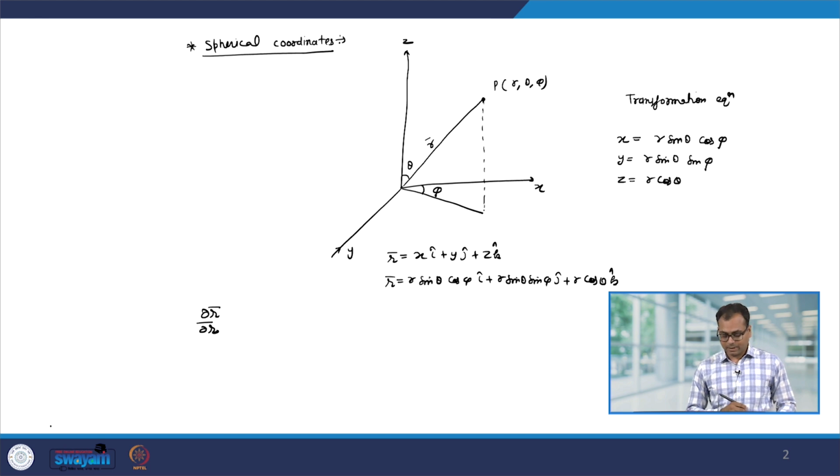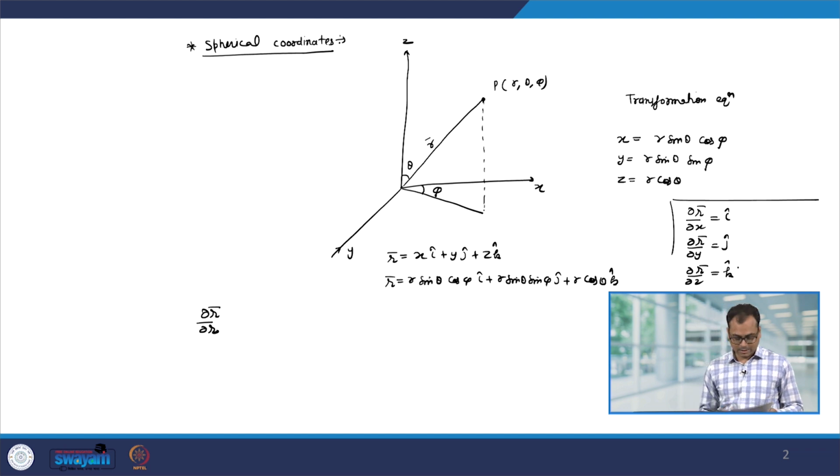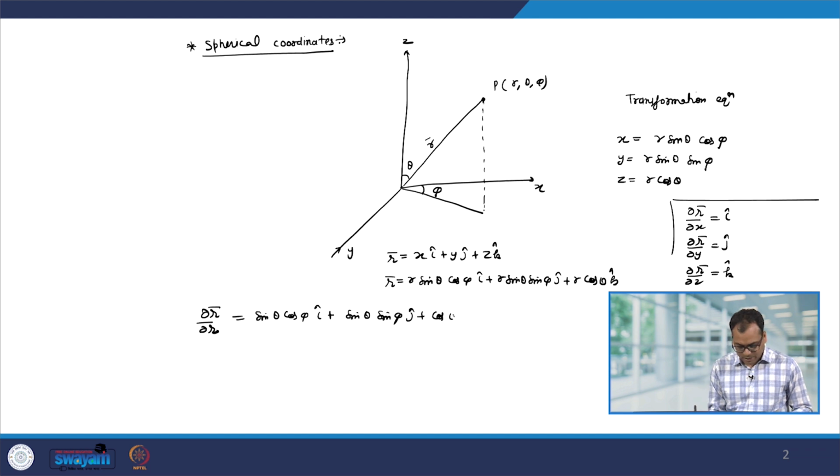This should be a unit vector in the r direction, because in Cartesian coordinate also you note that dr over dx was i, dr over dy was j and dr over dz was the unit vector along z direction, that is k cap. So, del r over del r will be sin theta cos phi i plus sin theta sin phi j plus cos theta k cap, and its modulus should be 1.